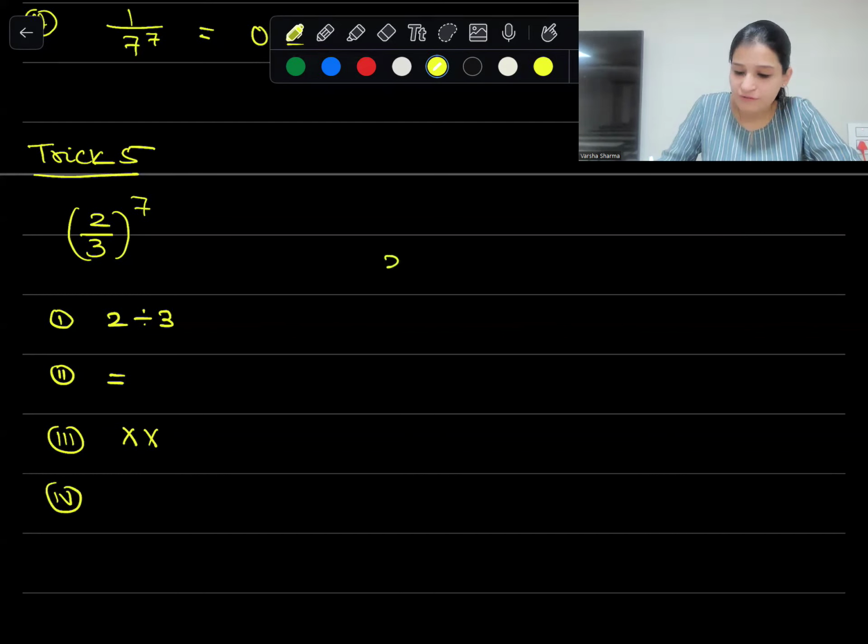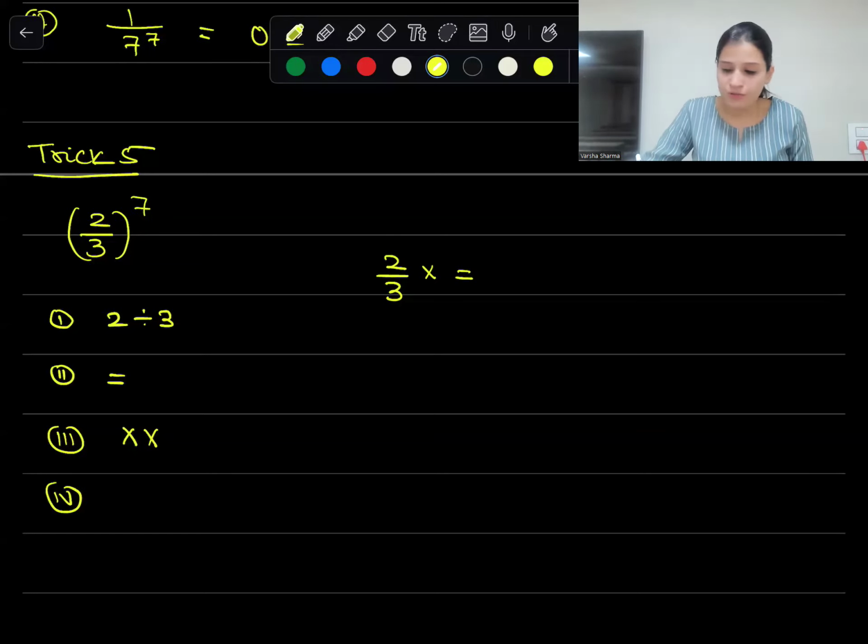As soon as I press equal to and press multiplication twice, what am I doing? I first calculated 2 by 3. Now I press my multiplication sign once or twice, whichever works in your calculator. Now I'm pressing equal to. As soon as I press equal to, this entire thing is repeated again and again. In my earlier sum, the numerator was fixed to be 1 and I only had to divide.